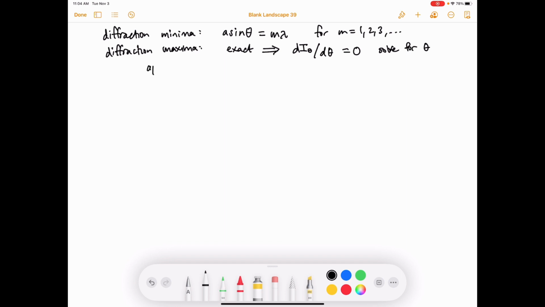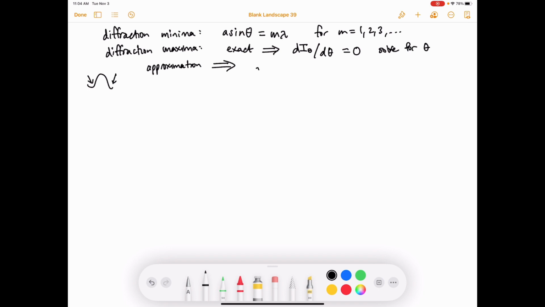But we can make an approximation which is much easier to work with, and that is a peak in intensity is going to be roughly halfway between two minima of intensity, right? So if you have a peak of intensity, on either side of that you have a minimum like this.